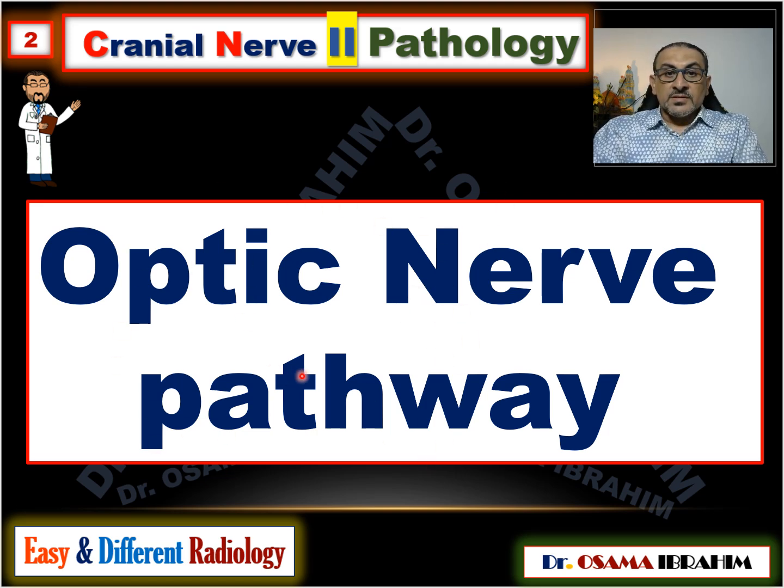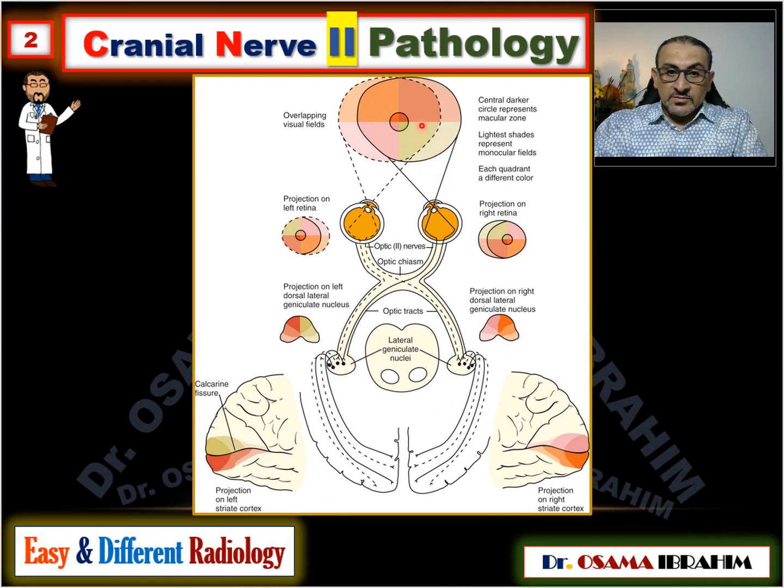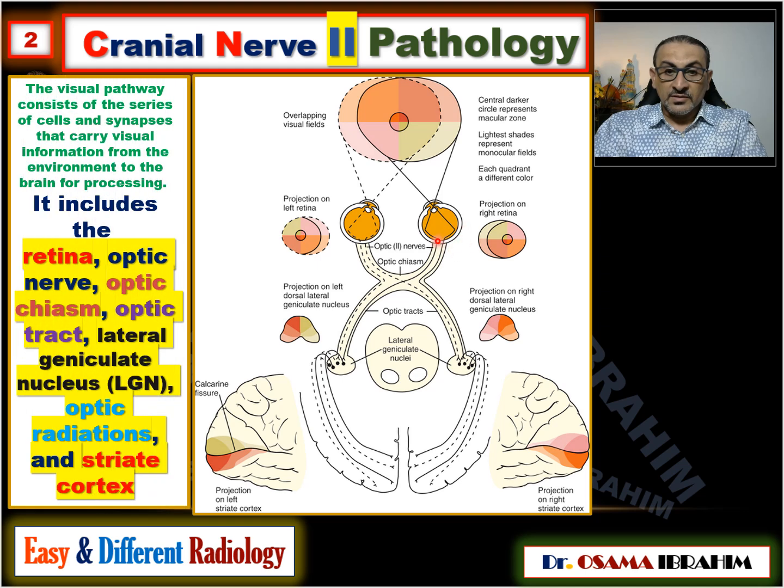So let us talk about the optic nerve pathway. As we see, there are two orbits, so both orbits can receive the light signals from objects, and then the signals are transferred along a pathway until reaching the final termination at the occipital lobe, the visual center.